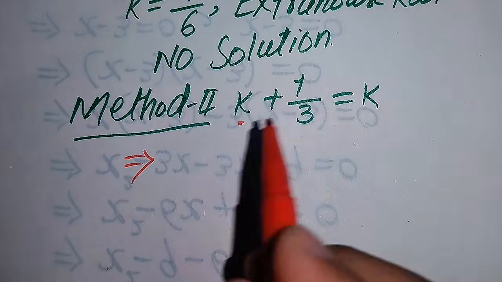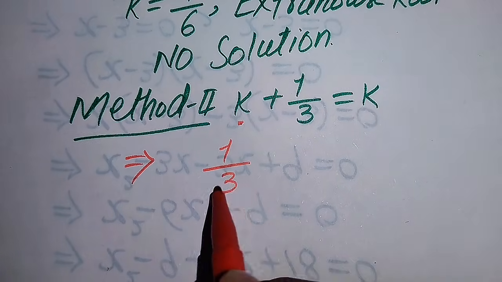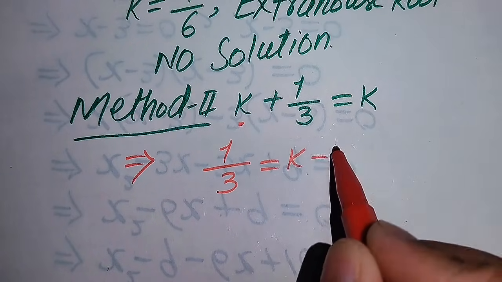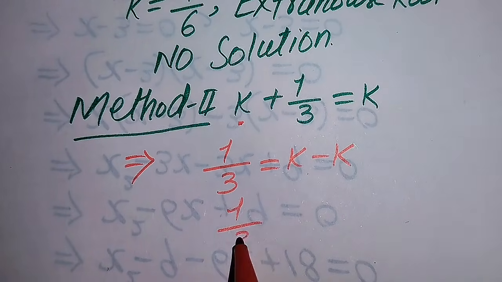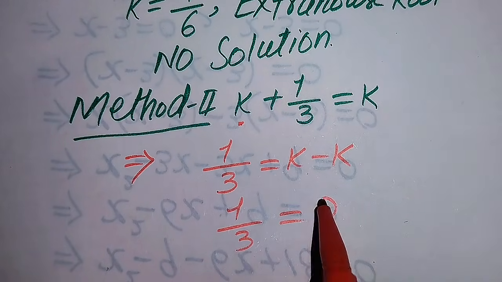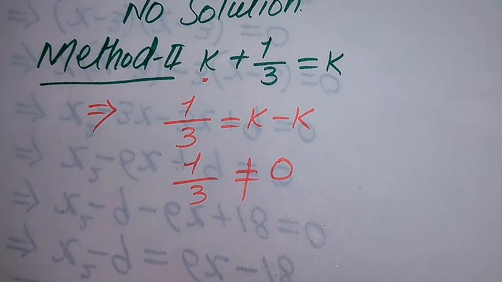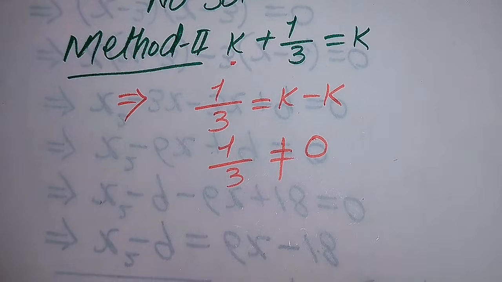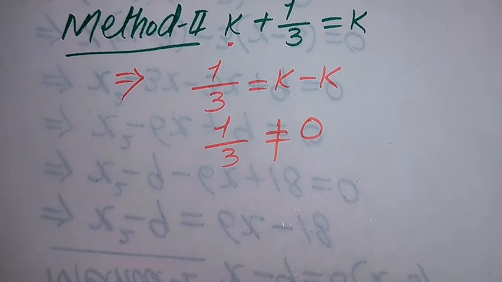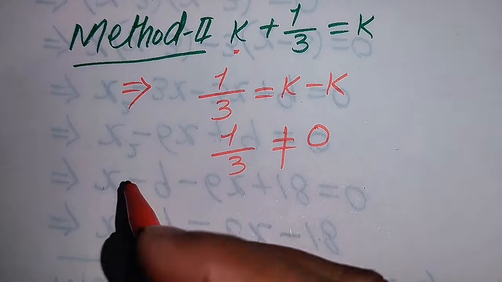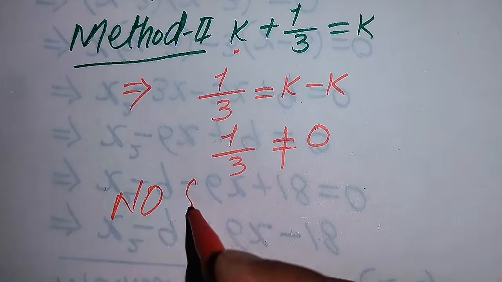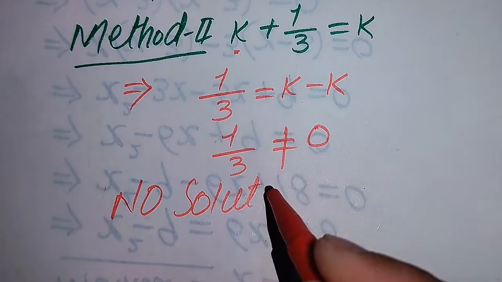So we move this k to the right hand side, and it becomes 1 over 3 equals k minus k, and we get 1 over 3 equals 0. Here you see that 1 over 3 is not equal to 0. This means that we cannot get any value of k which satisfies our given question statement. So we finally conclude that this question has no solution.